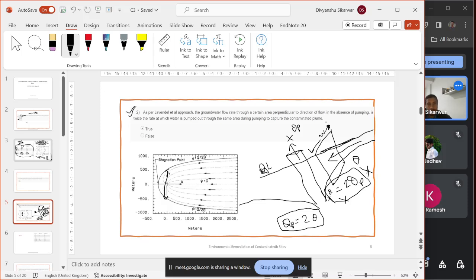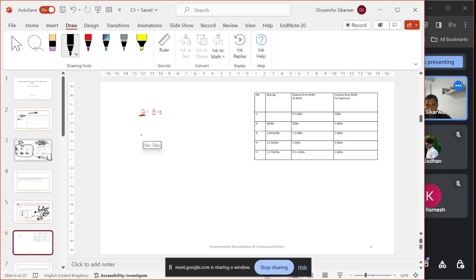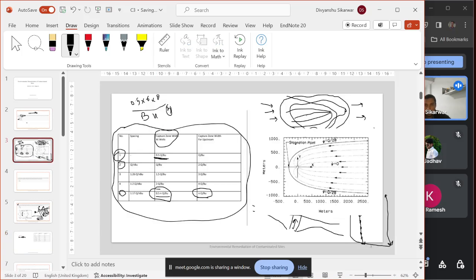If we take it as the width, then Q equals A into V, which this derivation was done by sir in the class. So Q equals AV, and the area you can split into B into W, into velocity. W we have calculated. We know how to calculate W. We have the formula. We can replace W as 0.5 Q by.